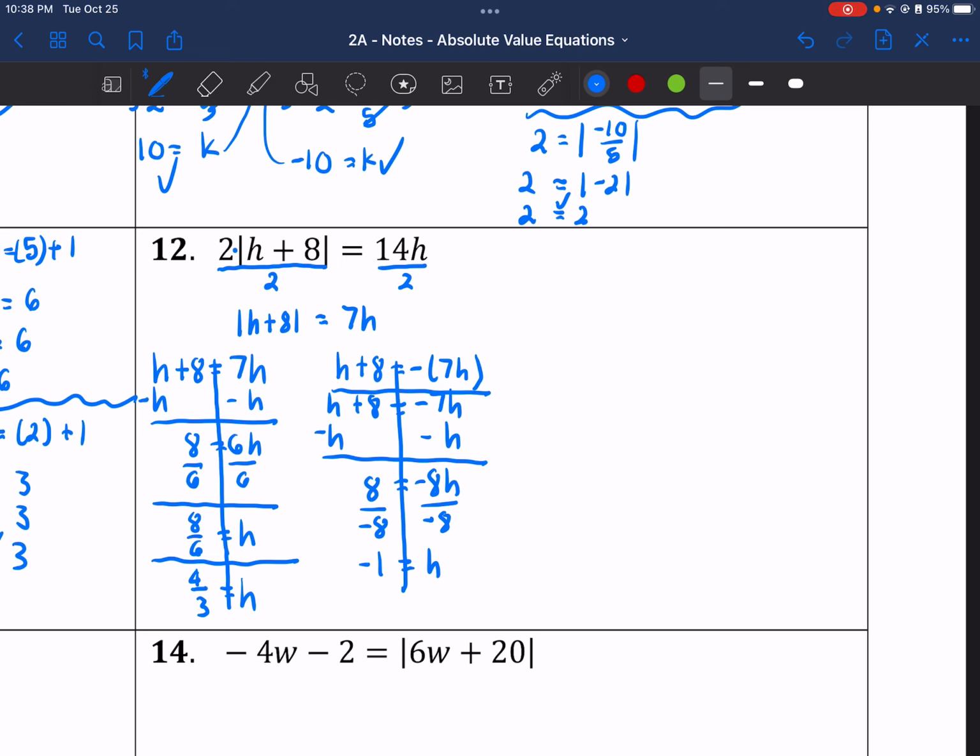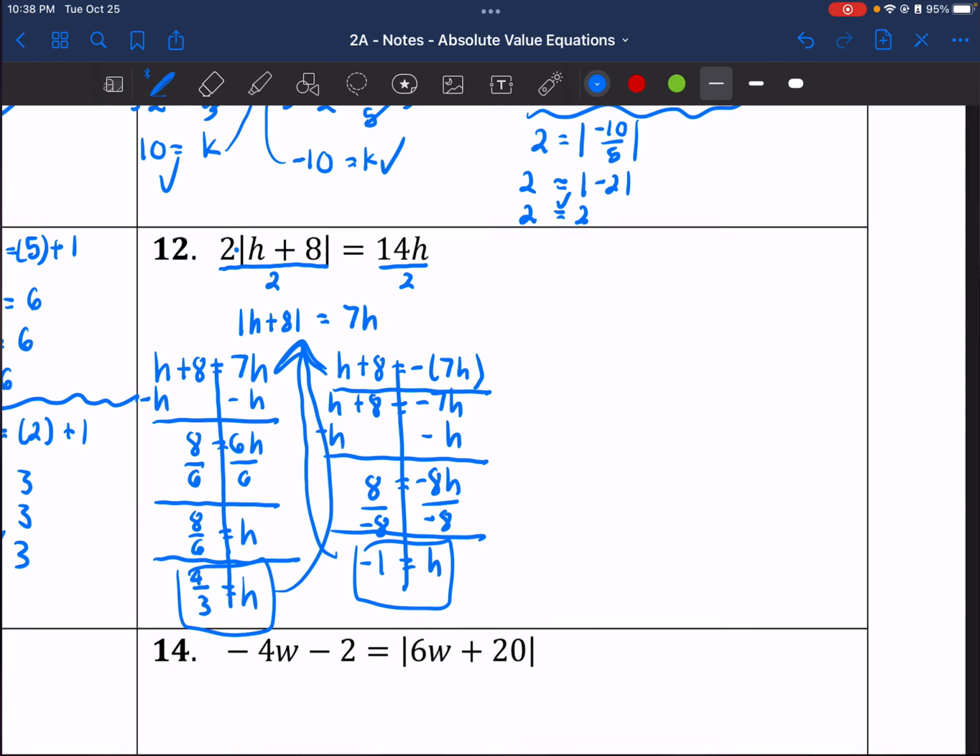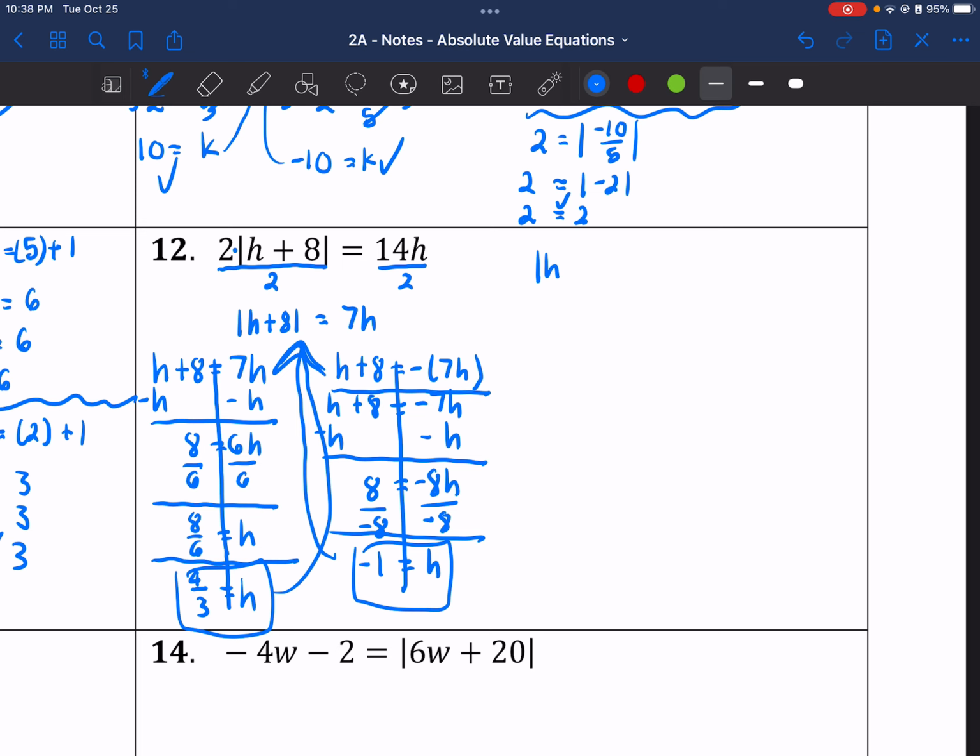Now we're going to plug these back into our original equation. I'm going to plug it back into this equation right here. So we get the absolute value of 4 over 3 plus 8 is equal to 7 times 4 over 3. Well, to add a fraction and a whole number, I want to make this into a fraction, and I want to make sure that we have the same denominator.